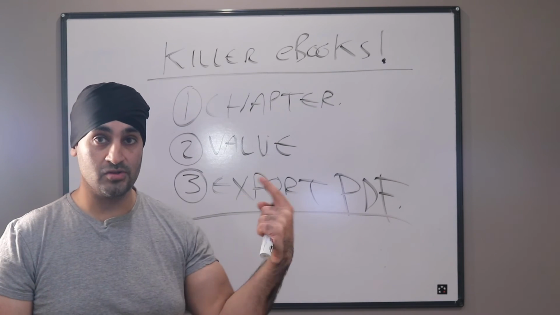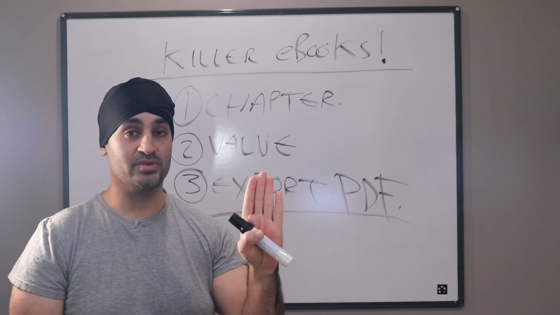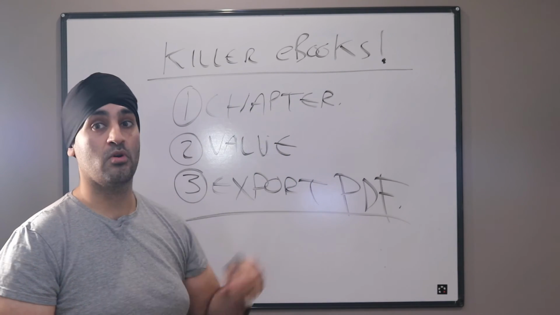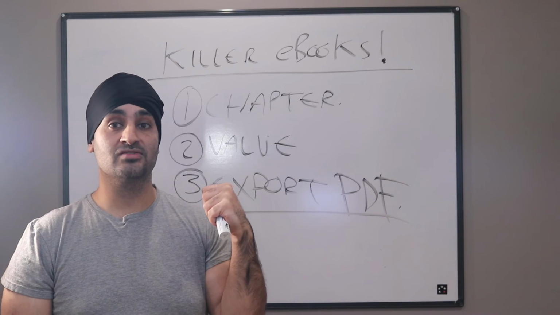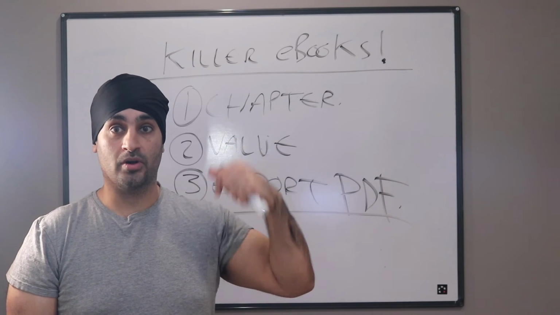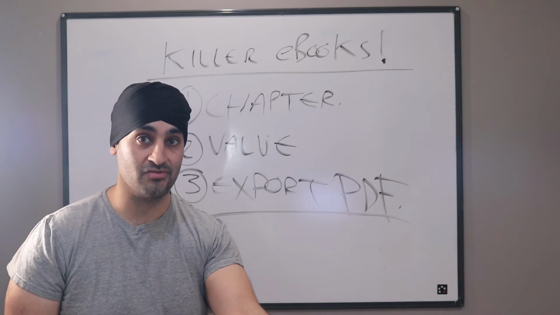And not only can you do that, but remember I was saying the reason why you'd want an ebook is so that you have an opt-in form where you're giving someone this ebook in exchange for their email address, right?